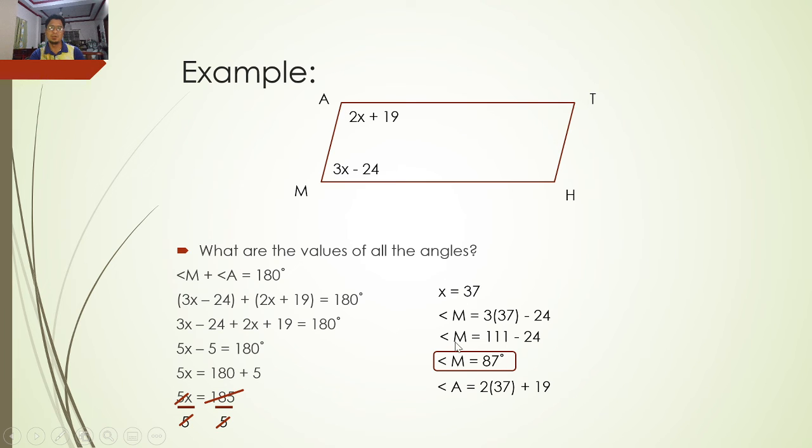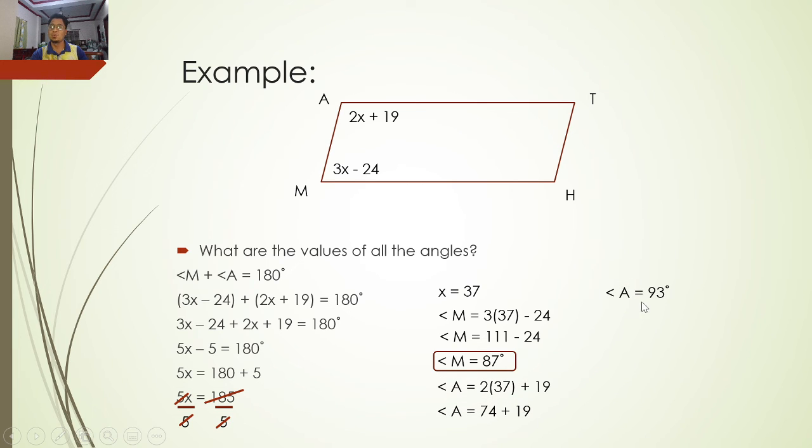Eh sir, paano kung isubtract ko na lang ito sa 180 degrees? Pwede rin, as long as tama ito. What we're avoiding is, nagkamali ka dito, sa pangalawa, mali ka ulit. Dahil, pag nagsimula ka na mali, hanggang dulo mali yan. So, ang gawin mo, move independently. So, ito, substitute mo rin. 74 plus 19.